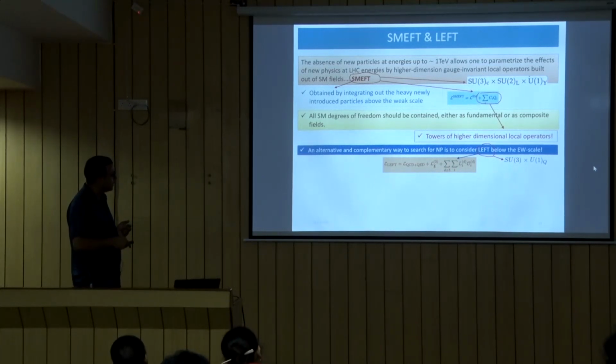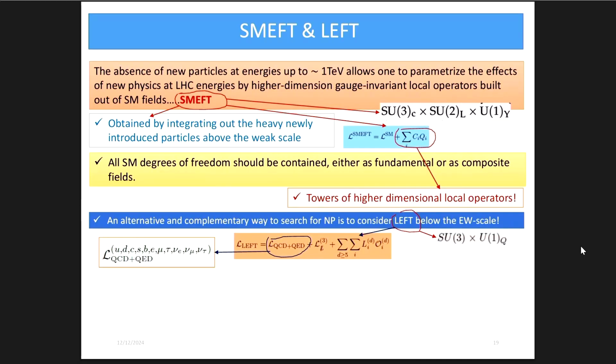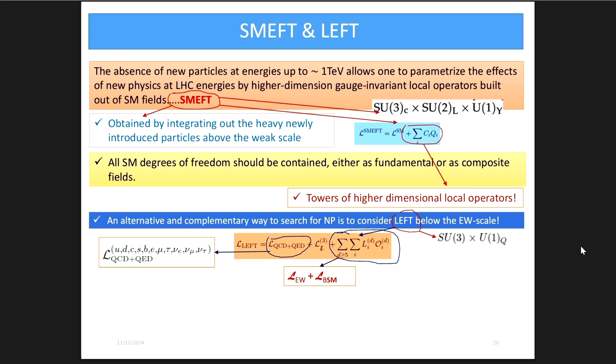So this is the QCD, QED part. You see the particle content: you do not have the top here, and all the other fermions are here, and then you have this part.